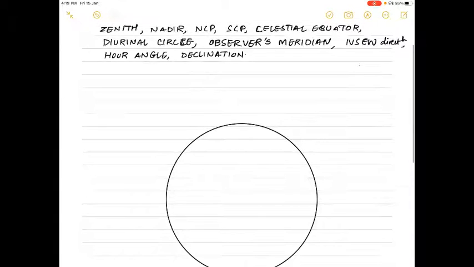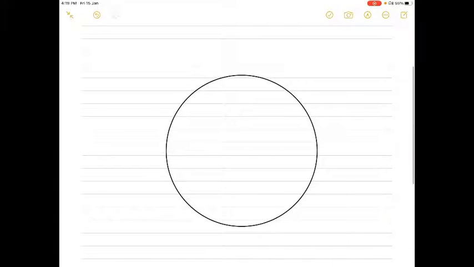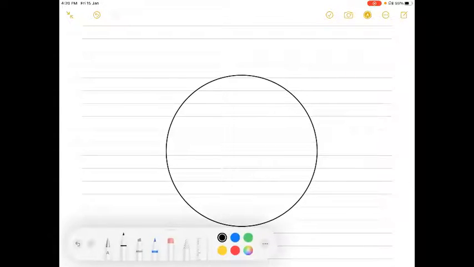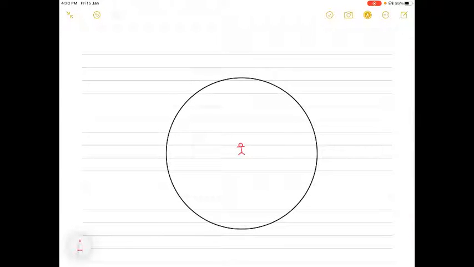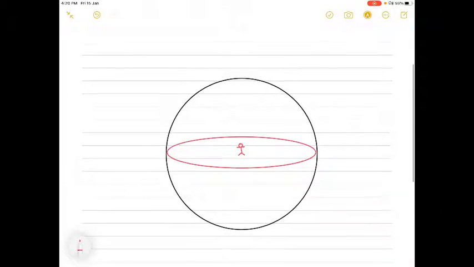So the first thing is zenith and nadir. We will draw all these points one by one. Now suppose this is an observer, and this is the horizon of the observer.